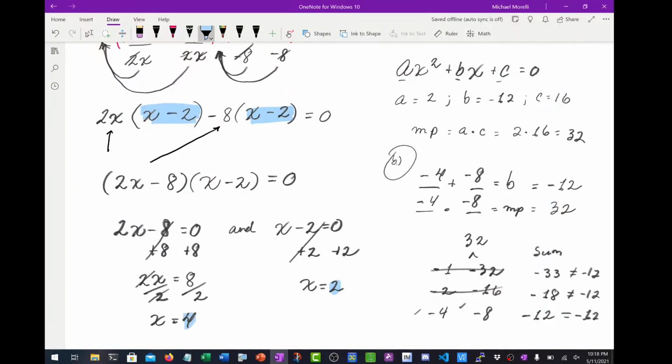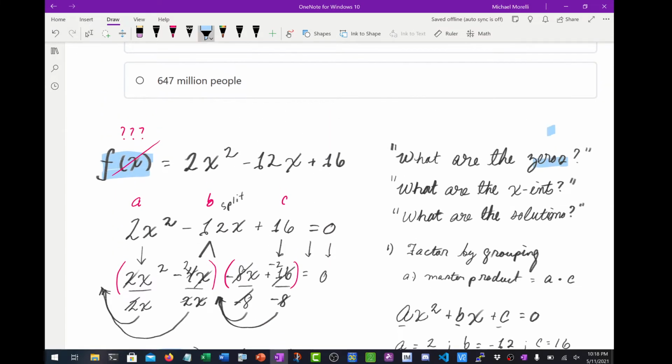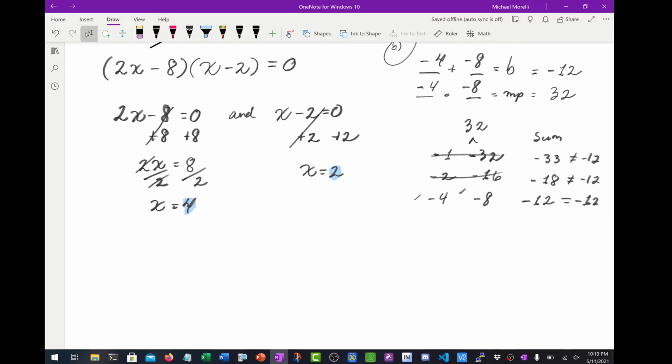In other words, I want to make sure that we tie this back to what this was all about. What this means is that there exists some graph like this. I don't know what the quadratic looks like, but at x equals 2, there is a point where the graph crosses, and then at x equals 4, there's another point where the graph crosses.